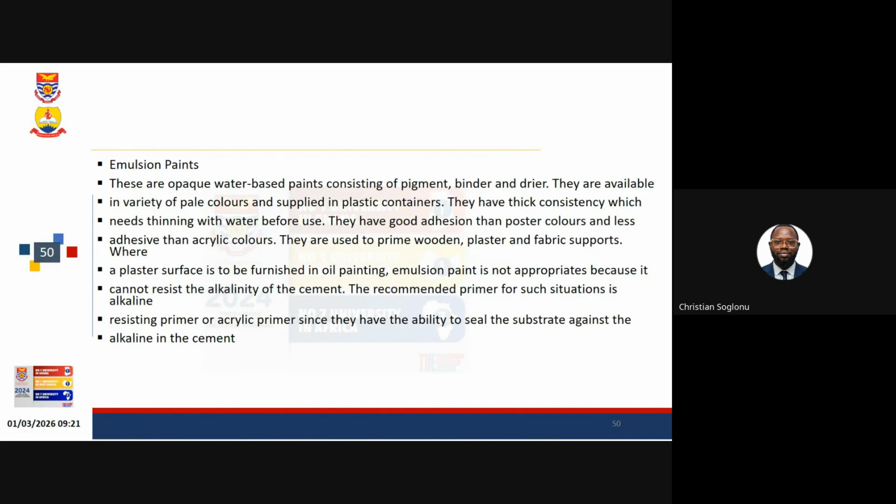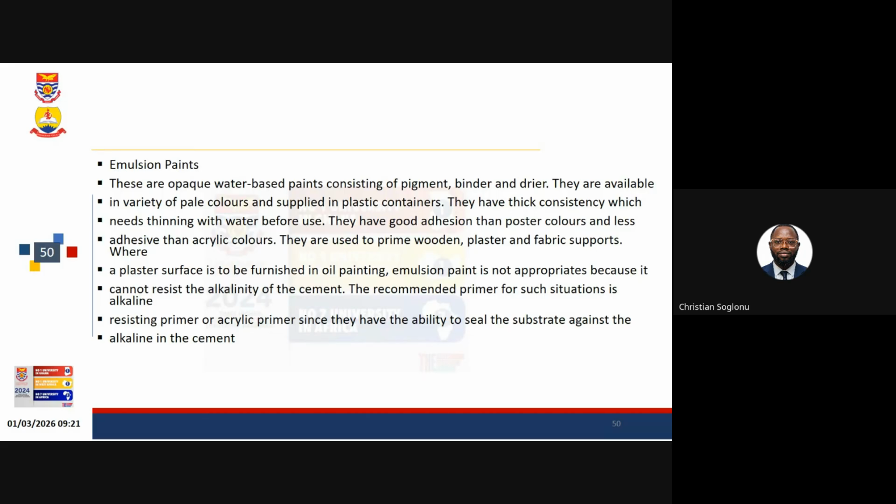Then they are used to prime wooden, plaster, or fabric supports, where a plaster surface is to be finished in oil painting. Emulsion paint is not appropriate because it cannot resist the alkalinity of the cement.